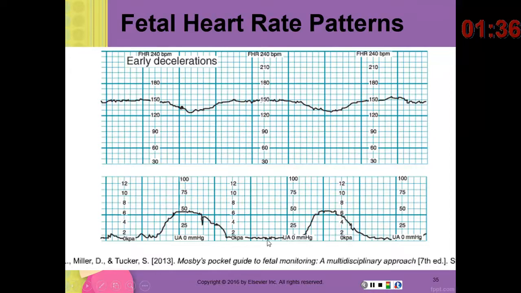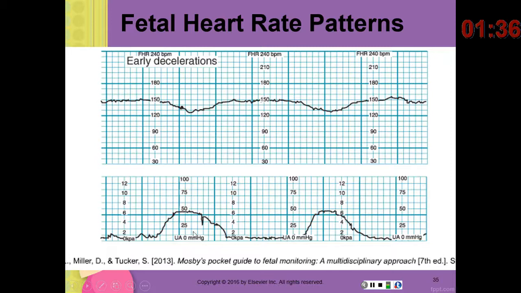Now for duration, we're going to go here at the bottom and we're going to say 10, 20, 30, 40, 50, 60, 70, 80, 90, 100. Okay, so that one's a long one. That's lasting 1.5 minutes. So those are nice contractions.